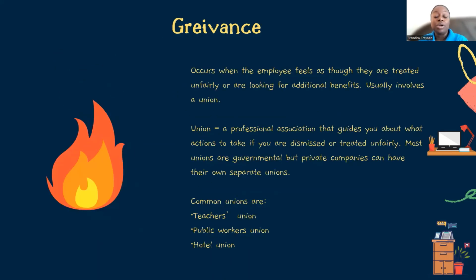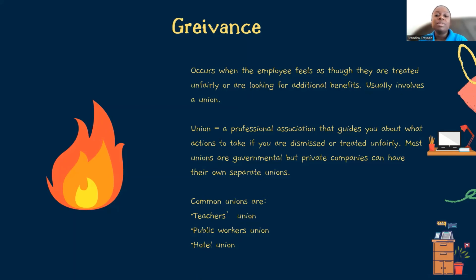HR is also concerned with any grievances that may happen. And this can be things like reprimands for bad behavior, or firing, or putting somebody on probation, paying attention to things like that, the things that nobody really likes to do. HR is responsible for that as well.